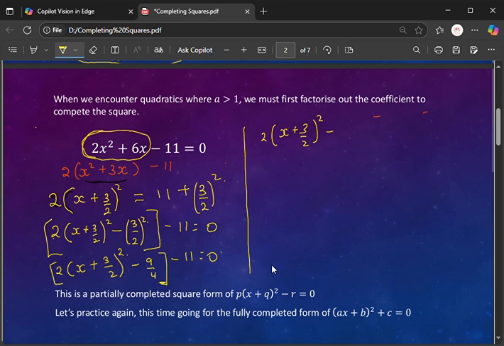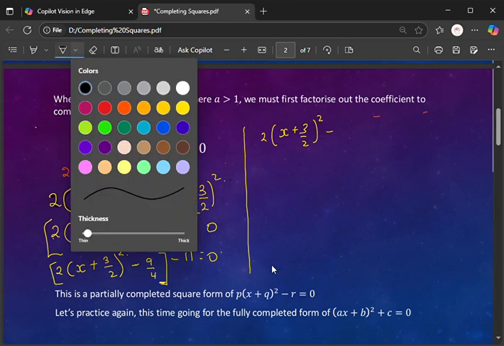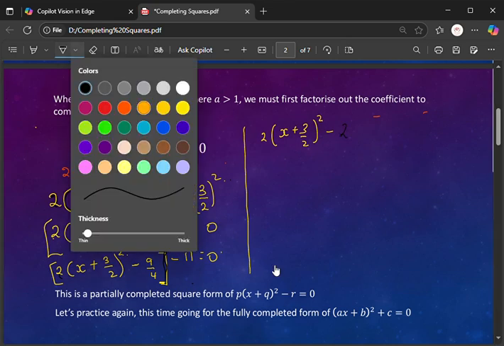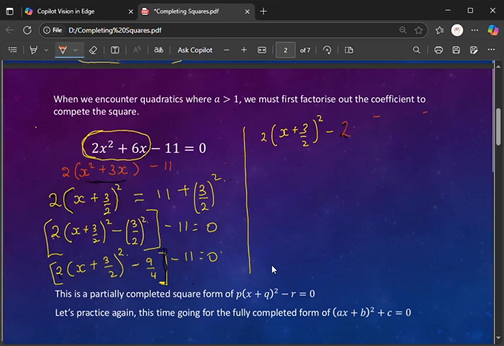I'll use a different color so you can follow. This means that this 2 will multiply this first part, but also the 9 over 2. So here we get 2.25, but this part is still multiplying with the 2, and then minus 11 equals 0.